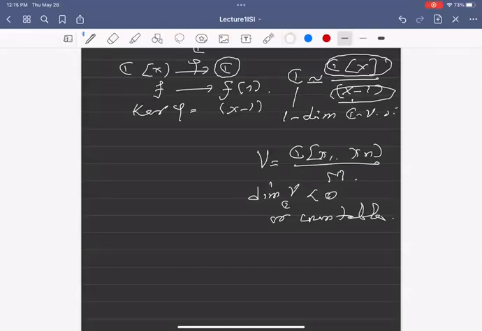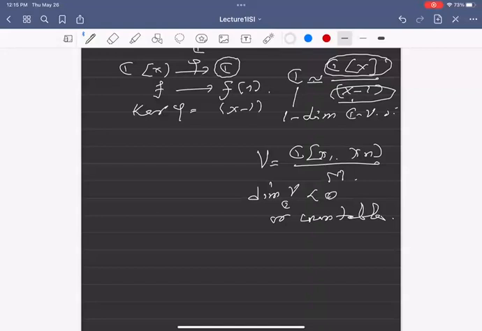Yeah. So it can be finite or it is countable, because when I take the quotient, the images of all monomials will form a generating set of the quotient space. But they may not be linearly independent. So the dimension of V can be finite or it can be at most countable.